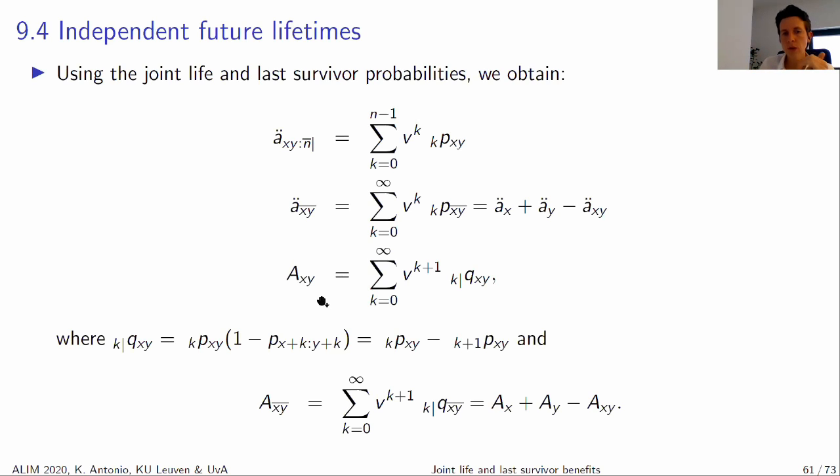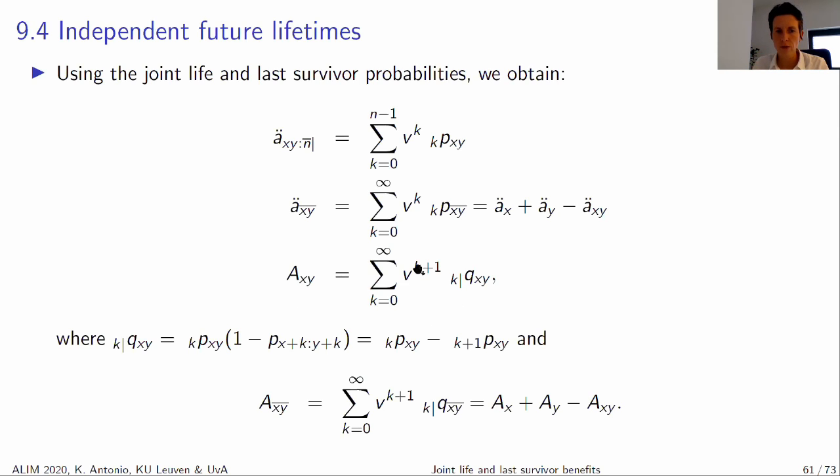So it is an insurance product which would pay a benefit of €1 at the end of the year in which the joint life status would end. So a benefit of €1 at the end of the year in which the joint life status ends. That's what we need.